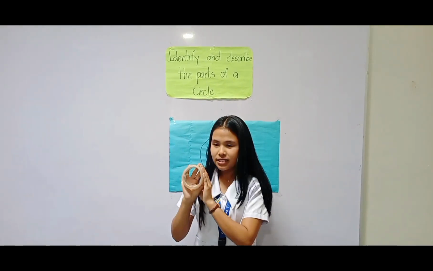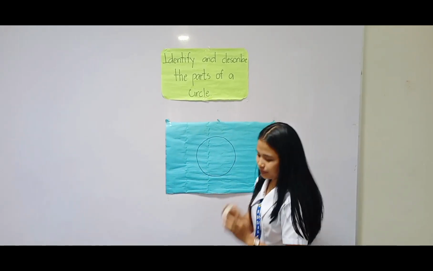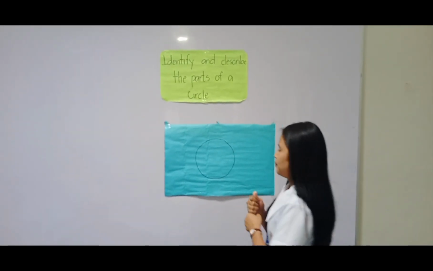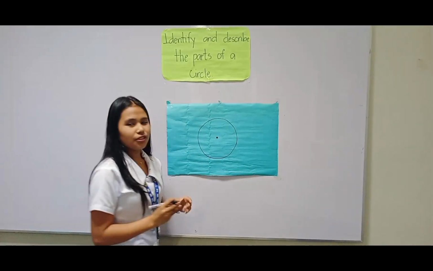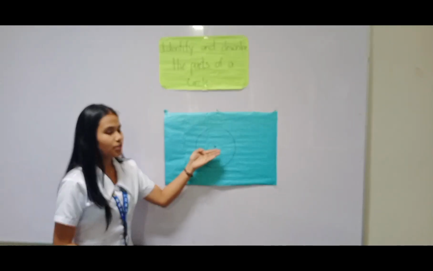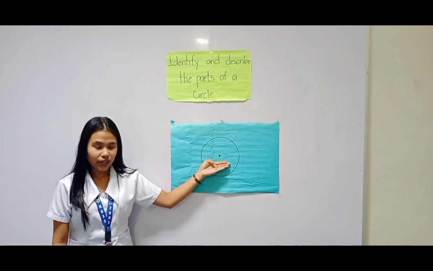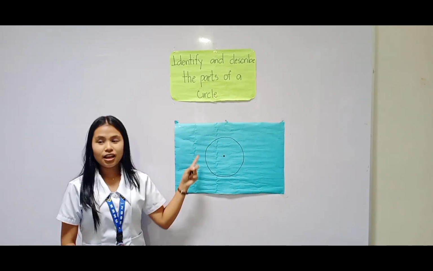Let's know the parts of a circle. Now class, if I draw this one, what do you think is the name of this one? Okay, this is a point. The point is in the middle of a circle.